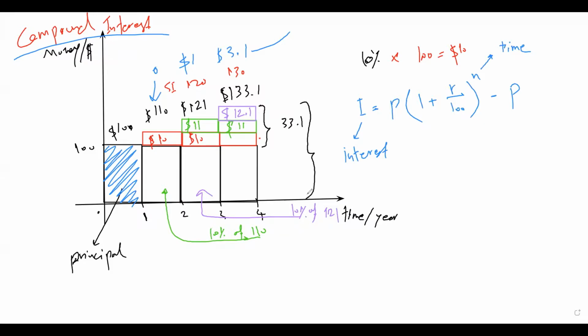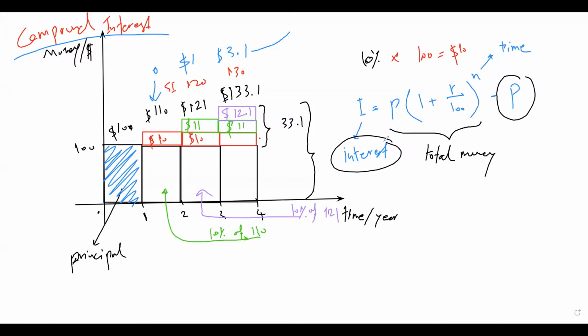So if they're asking for the total money in your account, you don't need to subtract P, and this is the total money. So this part is the total money in your account. And if you subtract the principal, if you exclude it, then you get the pure interest that is added to your money. So let's do a couple of questions.